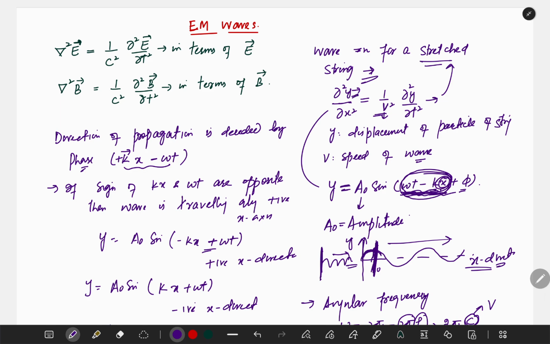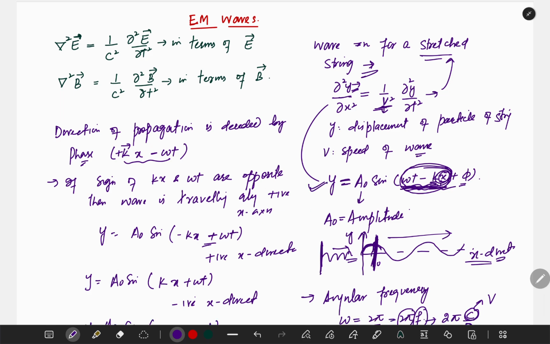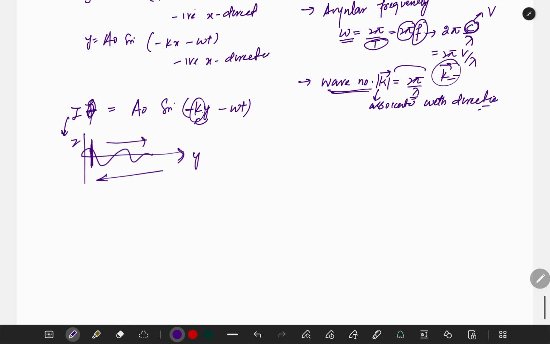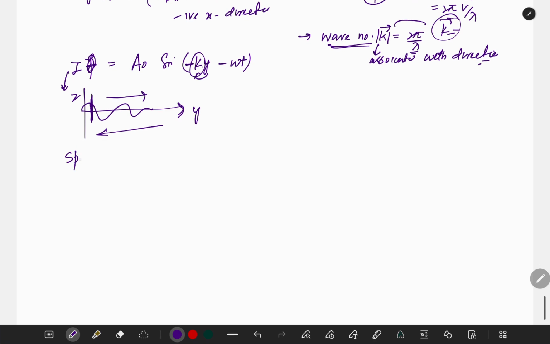Y is the displacement of the particle of the string, and the coefficient of k decides the direction of propagation of the wave. Now, how do we calculate the speed of the wave from the general solution? The speed of the wave is given by the coefficient of t divided by the coefficient of x.